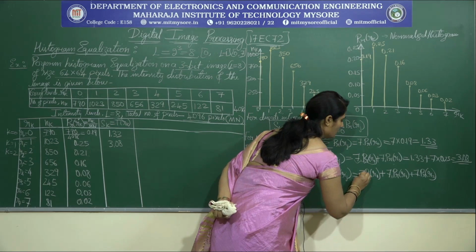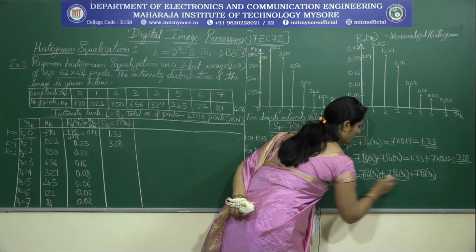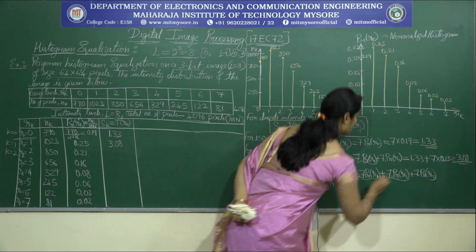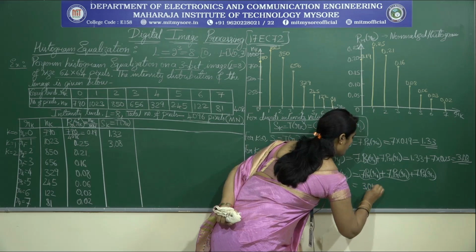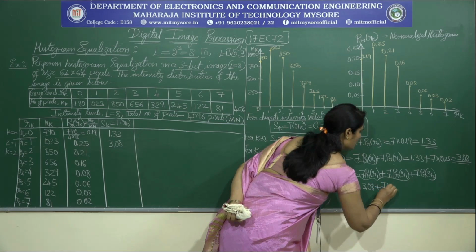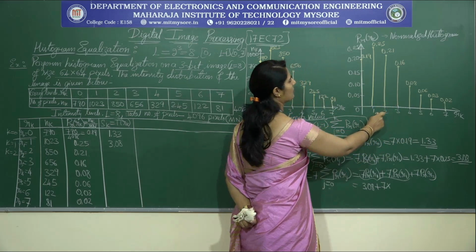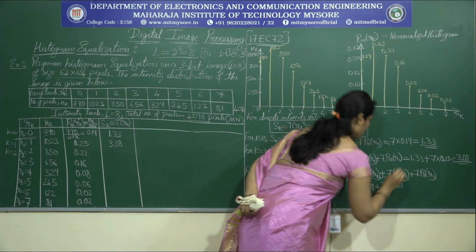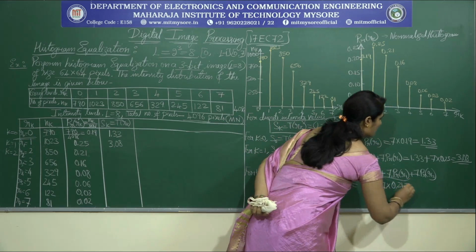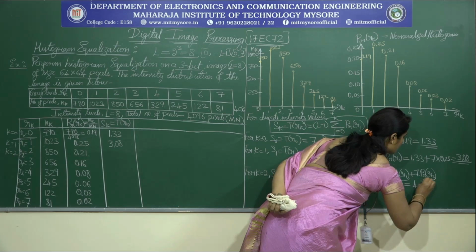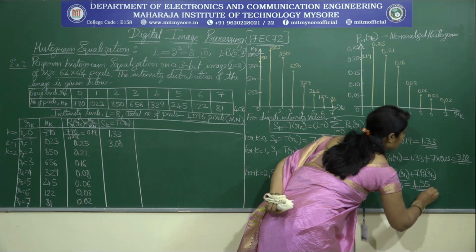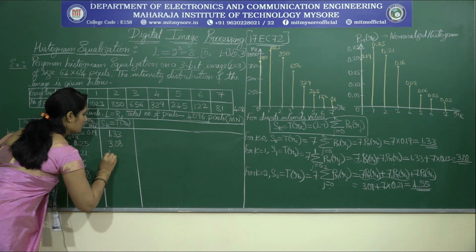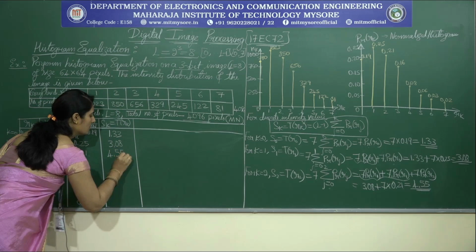Anyway, we know the value of 7 into PR of R0 plus 7 into PR of R1 is nothing but 3.08, plus 7 into probability density function of R2, which is 0.21. So this is equal to 4.55. Okay, so now S2 is equal to 4.55.